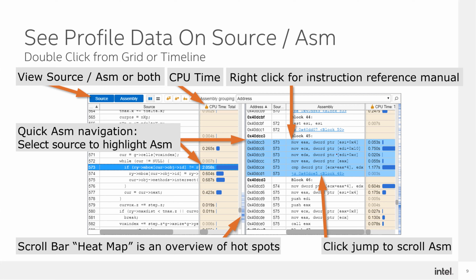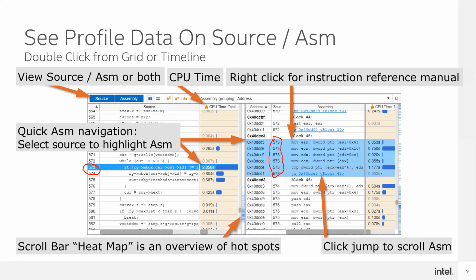You will see later how it looks, and you can click on this line 573, and for this line you will see all the assembly that is generated for this line.